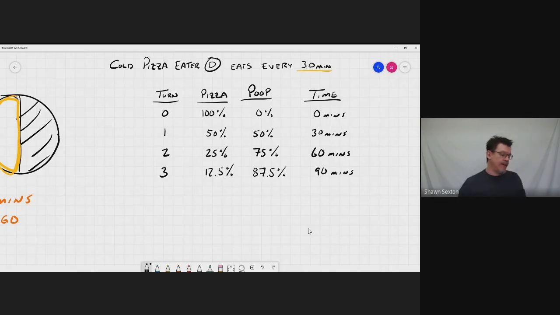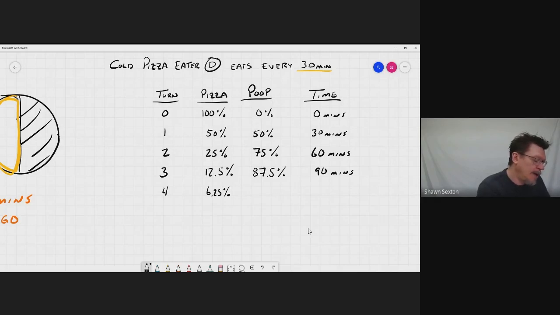All right, so the idea here is the same rules still apply. On turn 4, we're going to take the pizza, we're going to cut it in half. So now we have 6.25%. And we have to take the pizza that he just ate, which is 6.25%, digest it, and add it to the existing amount of poop.